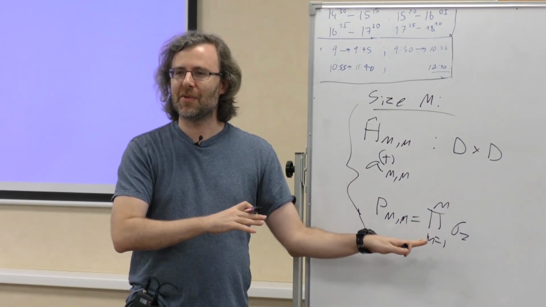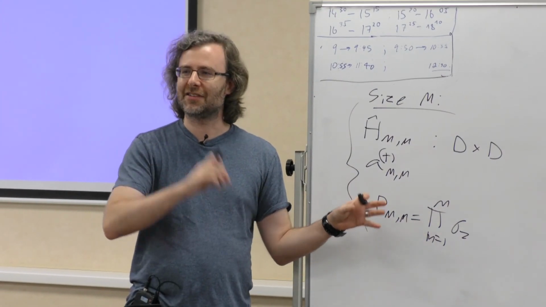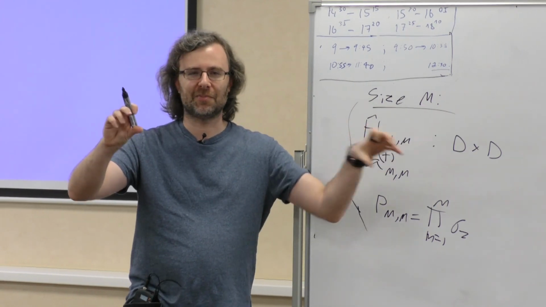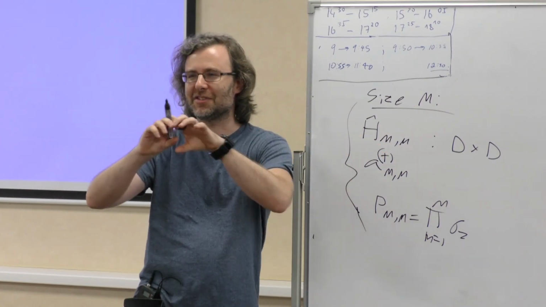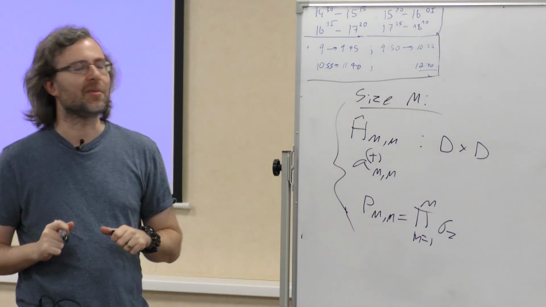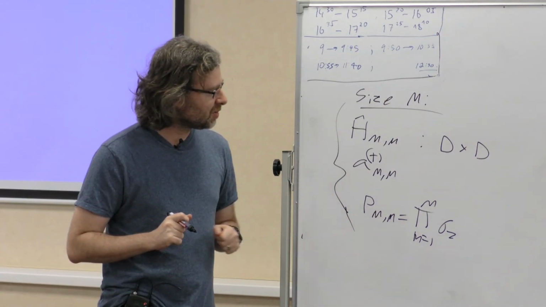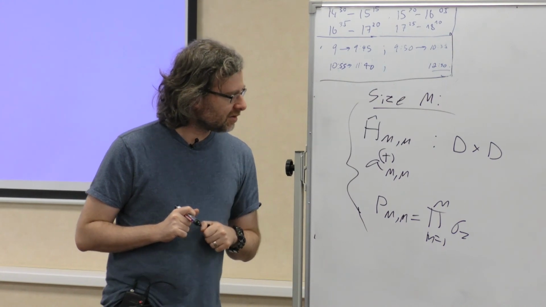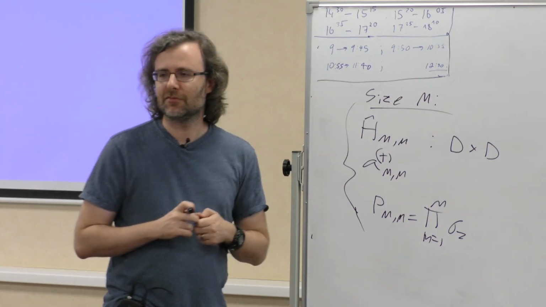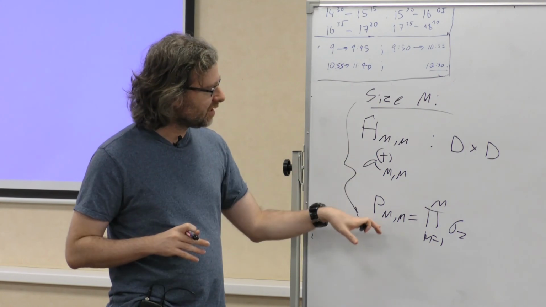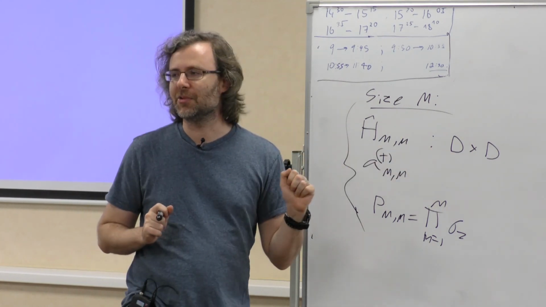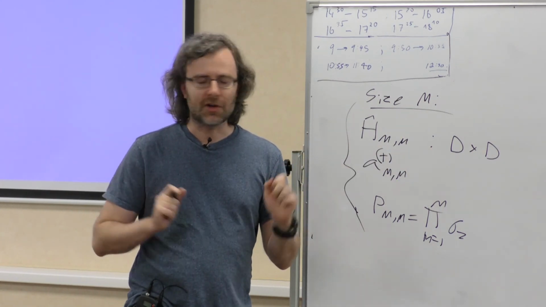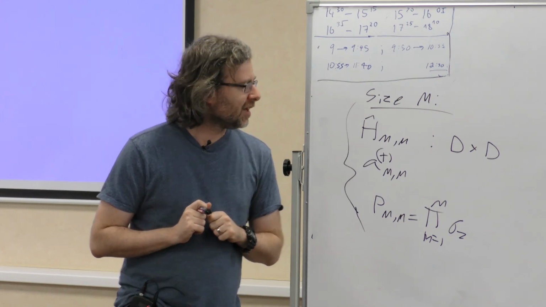So I hope you remember from yesterday that in order to represent a dagger at site M, I need to multiply by sigma z's at all previous sites, to obey fermion commutation relations. So this will allow me to do that. And that is actually essentially it. So I need to have a representation which is d by d of all these operators. Now let's assume that I have that.